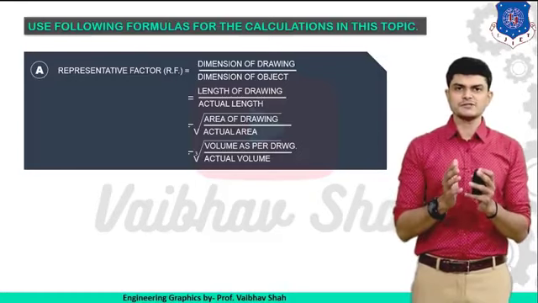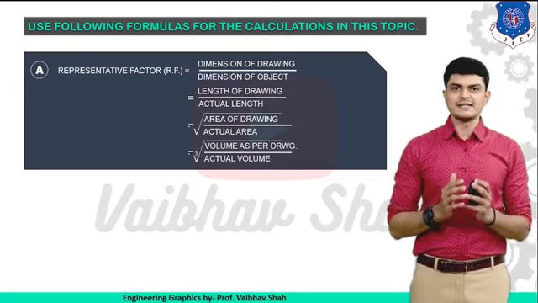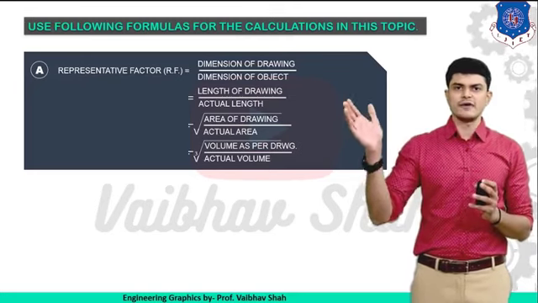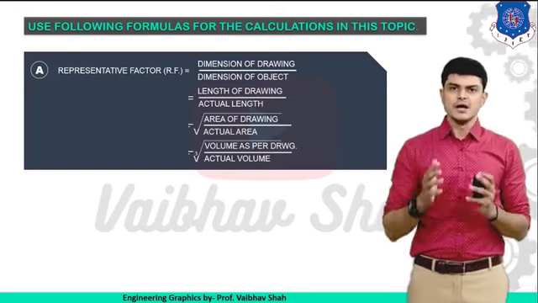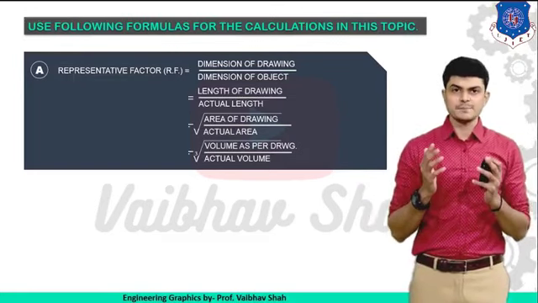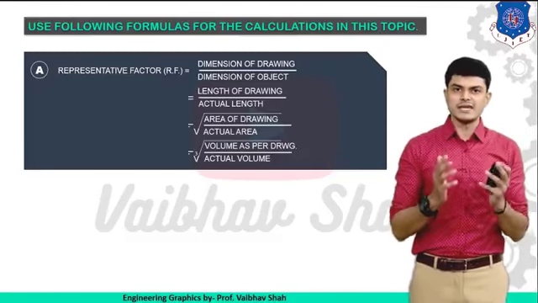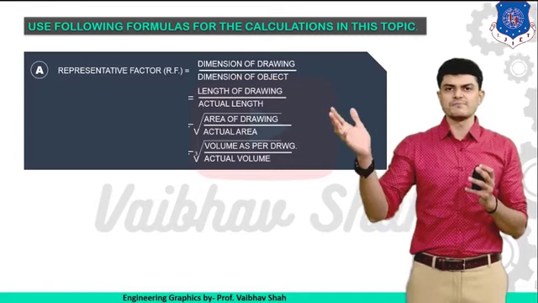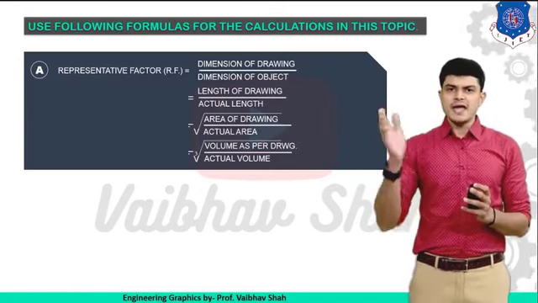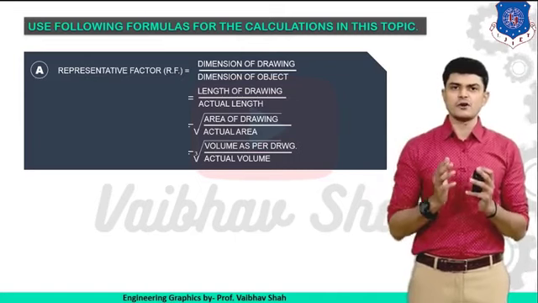If your dimensions are given in the form of area, then you can write it as the square root of the area of the object in drawing to the actual area of the object. After that, suppose the dimensions are given in the form of volume, then we can write the cube root of the volume of the object in drawing to the actual volume of the object. So these are the equations for Rf.